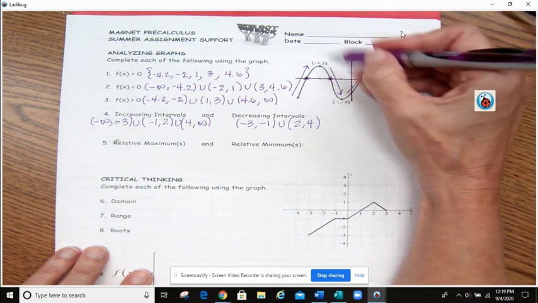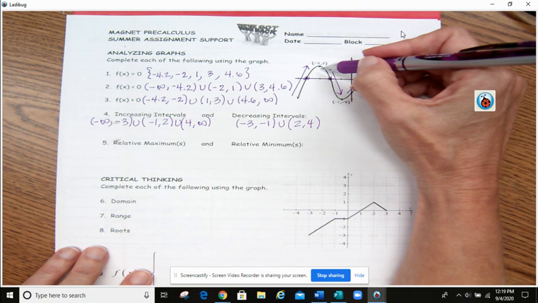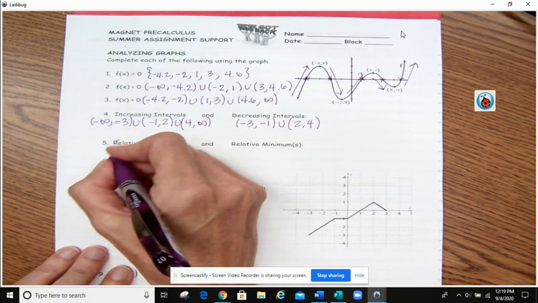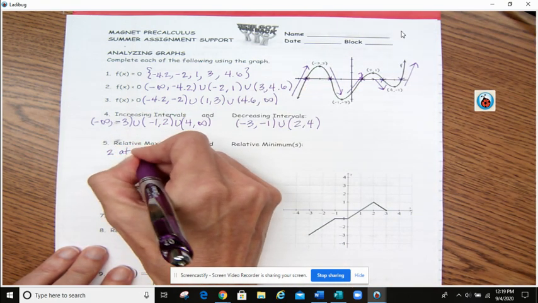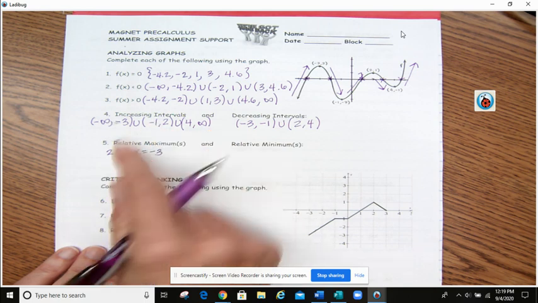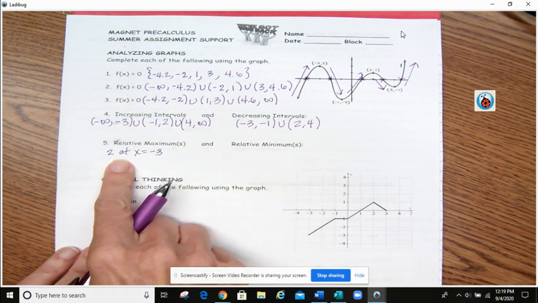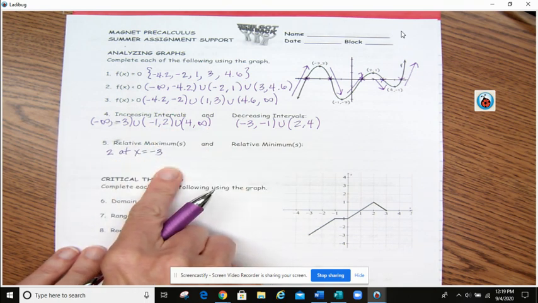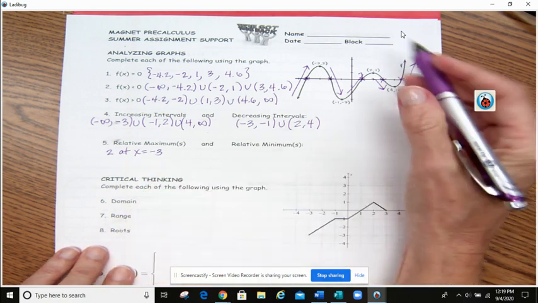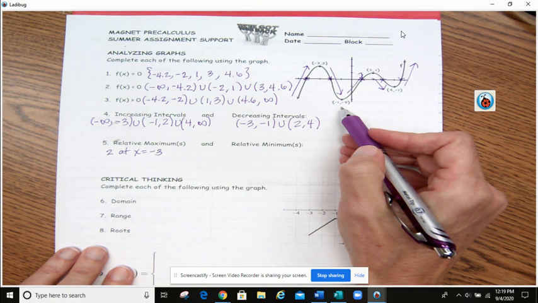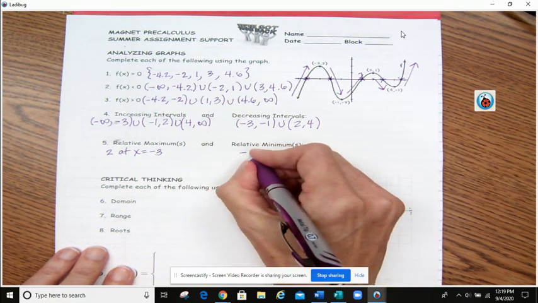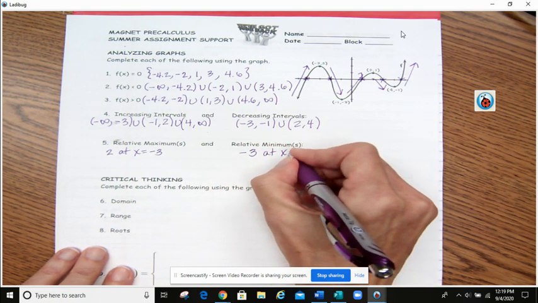Going from left to right, the first turn would be considered a relative max. Use the ordered pair, but I'm going to say 2 at x equals -3. You can use the at symbol, that's fine, but it needs to be stated in this way. Again, if you just give me the ordered pair, I'm not going to count it. Then the next turn, that's a relative minimum. And so again, I want to state the y coordinate at the x coordinate.